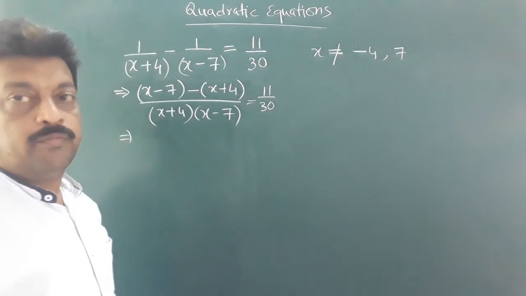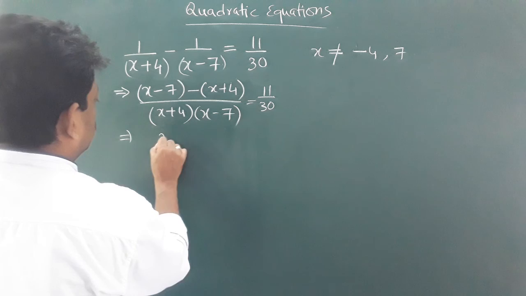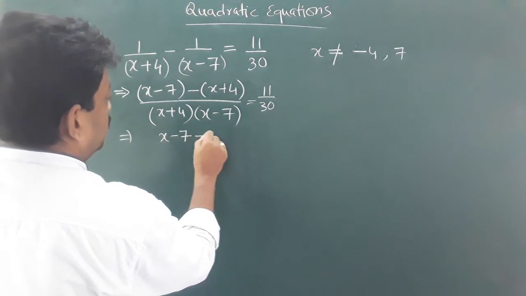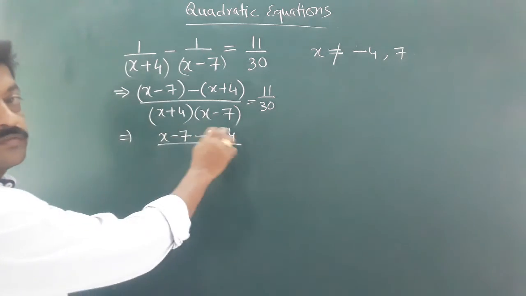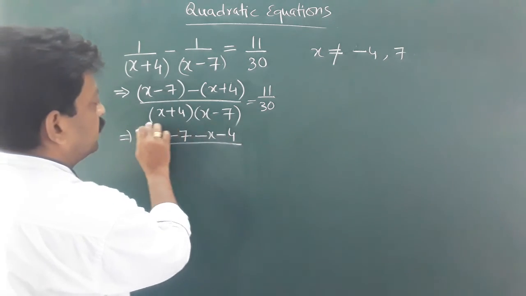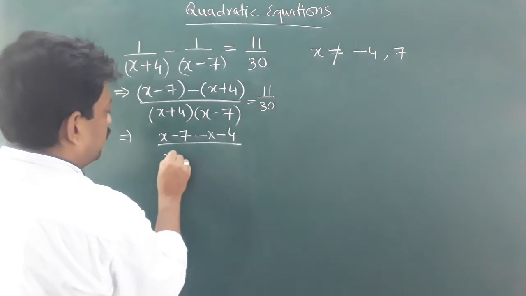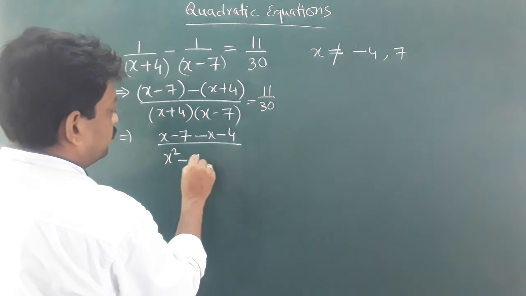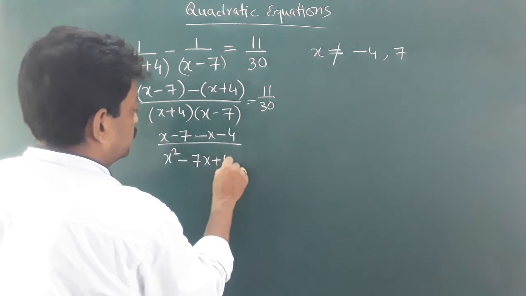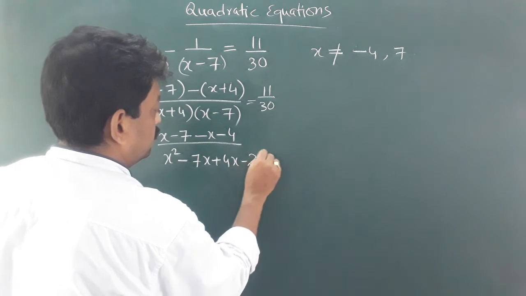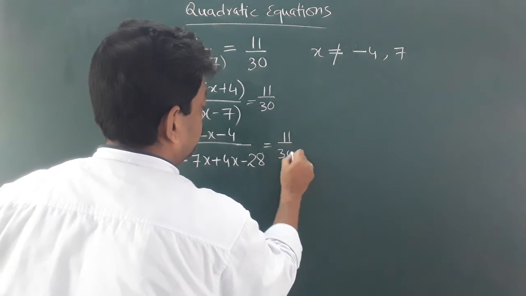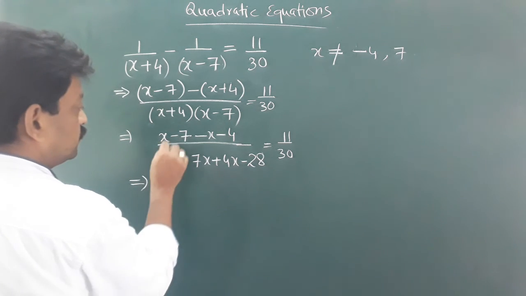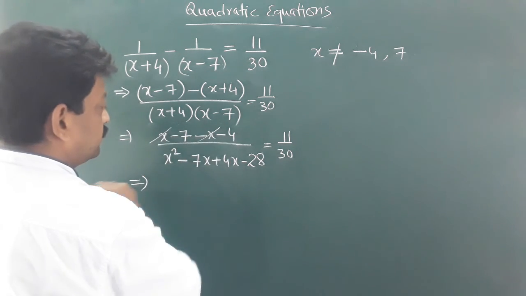Open the bracket on the numerator: x minus 7 minus x minus 4, and here simplify this, multiply these two factors. So x square minus 7x plus 4x minus 28 equals 11 upon 30. So this x and x will be cancelled.